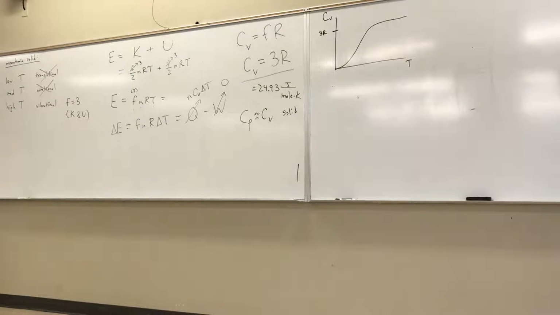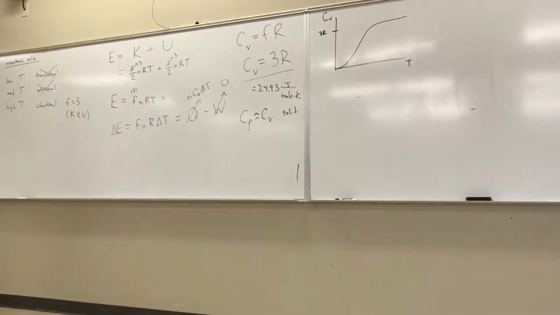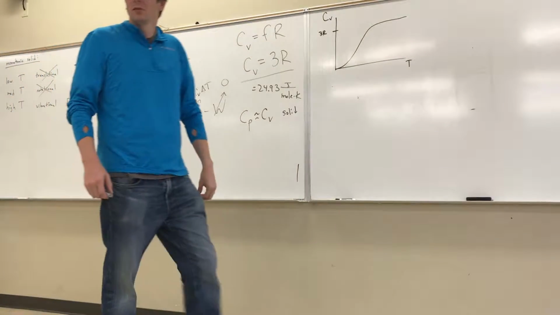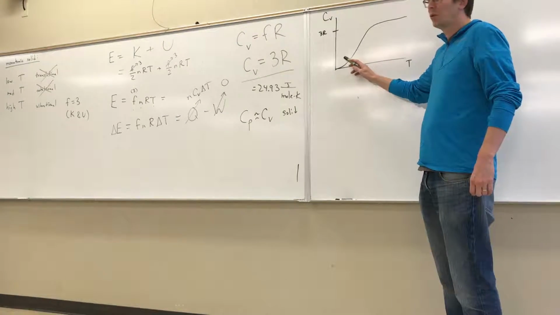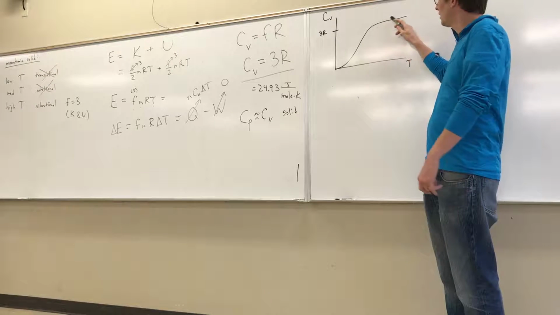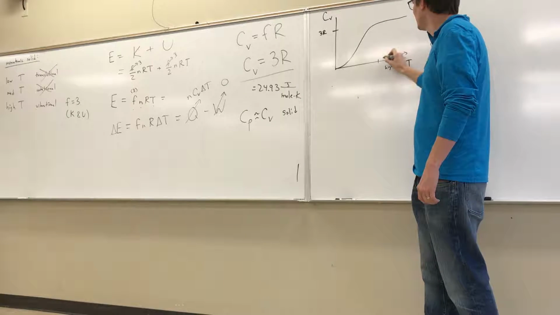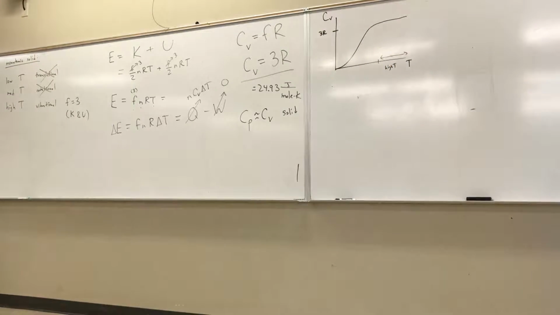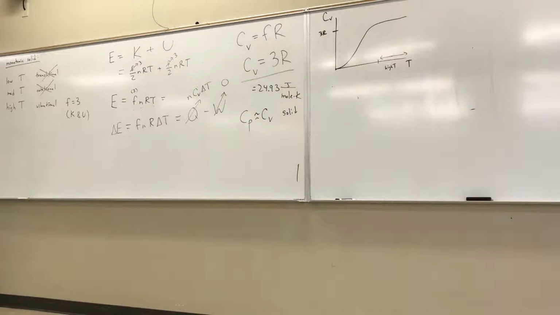It actually asymptotically approaches this value as the vibrational modes are fully unlocked. So it starts from down here where they're partially frozen out, and only once you get to the high temperature range where they are fully unlocked does it converge on this value, 3R. Okay?